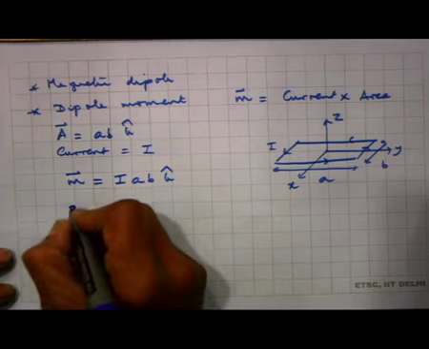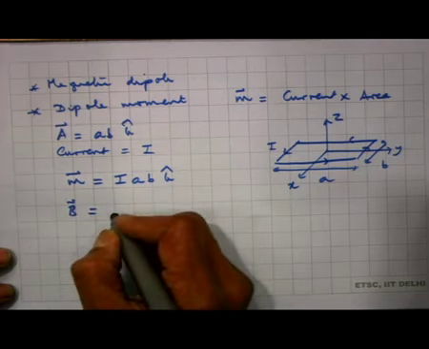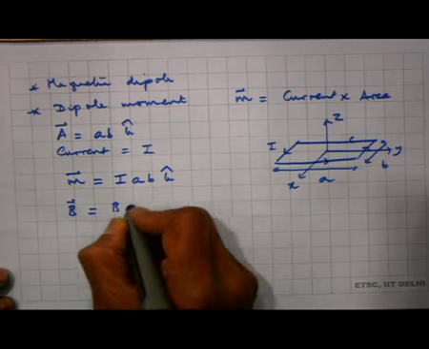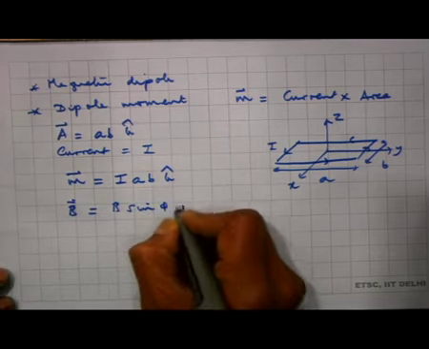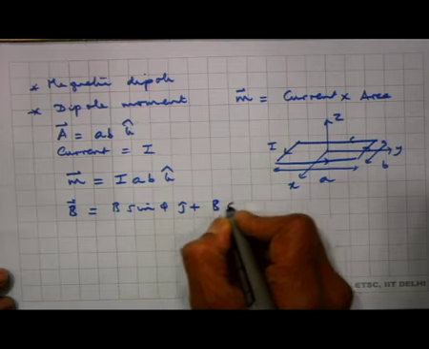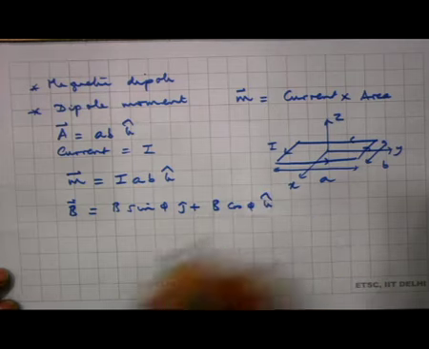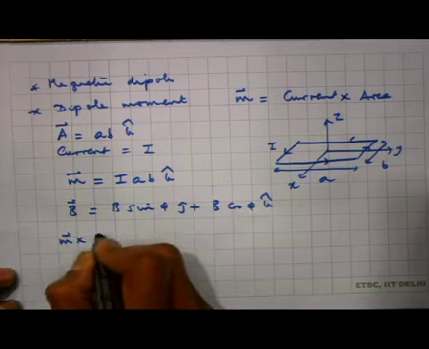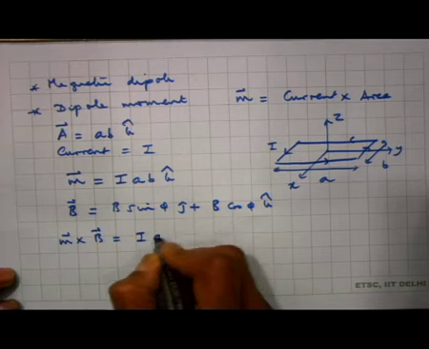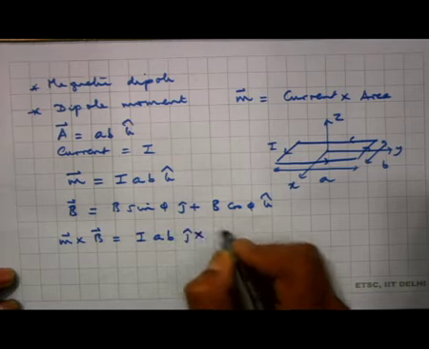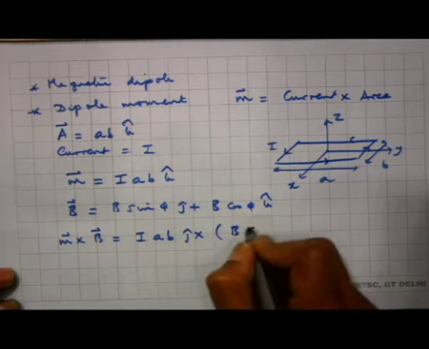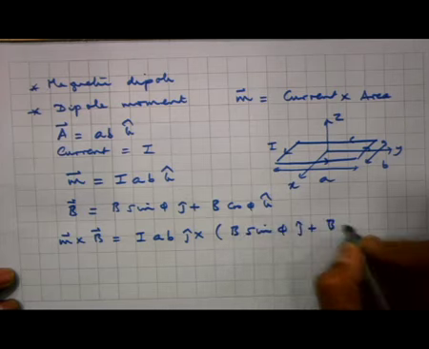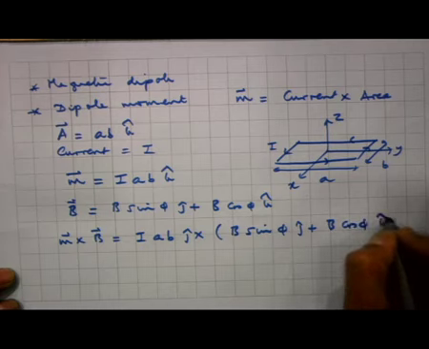Now, we already know the direction of the magnetic field. B is nothing but B sin phi j cap plus B cos phi k cap. So, let me calculate M cross B. I A B j cap cross B sin phi j cap plus B cos phi k cap.